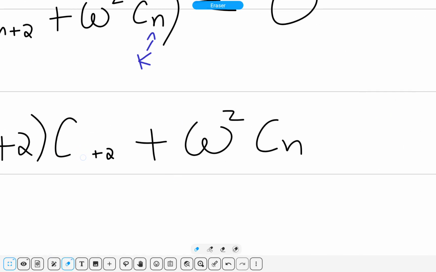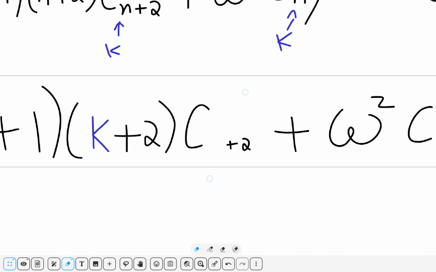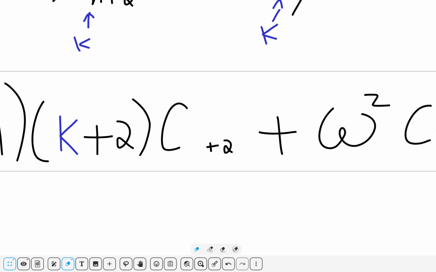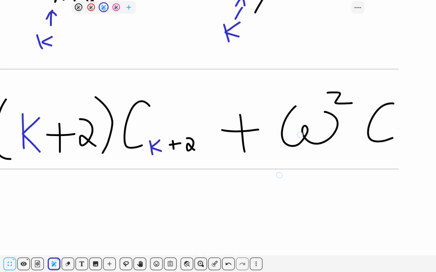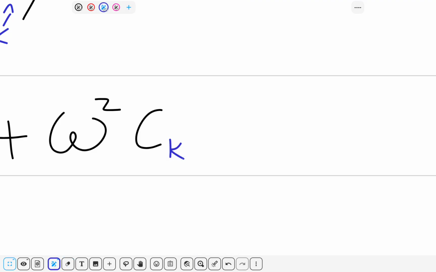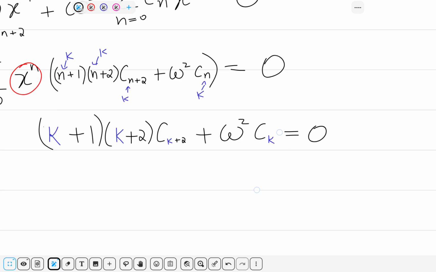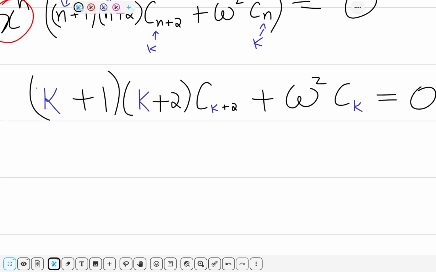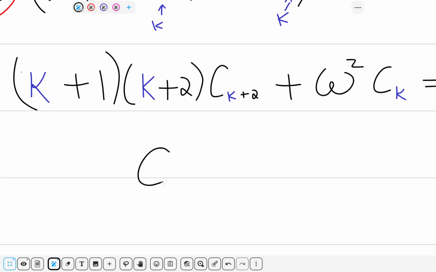So here we go. Now I have a relationship between the coefficients.